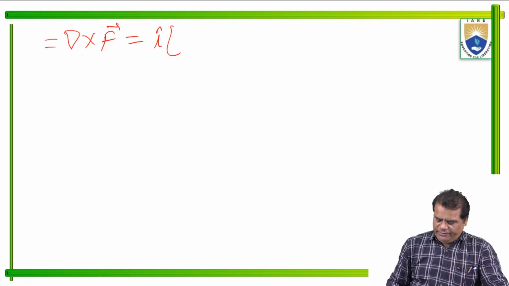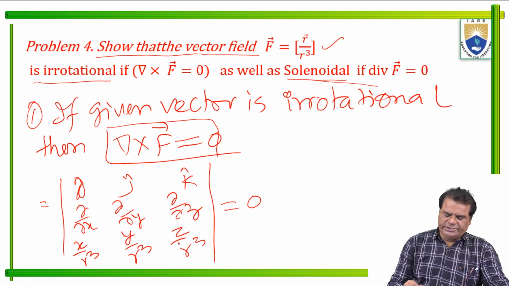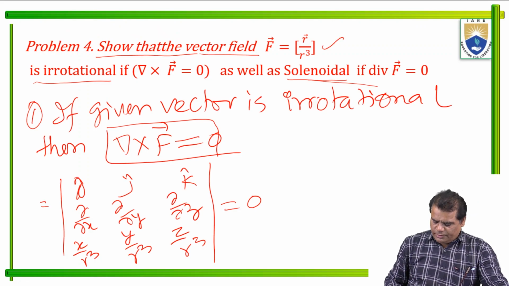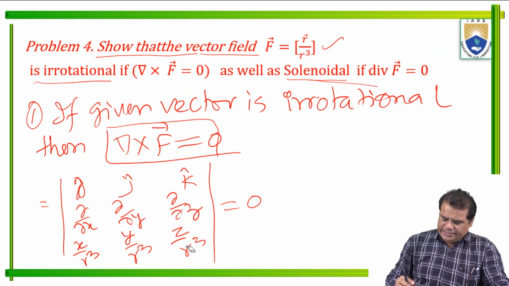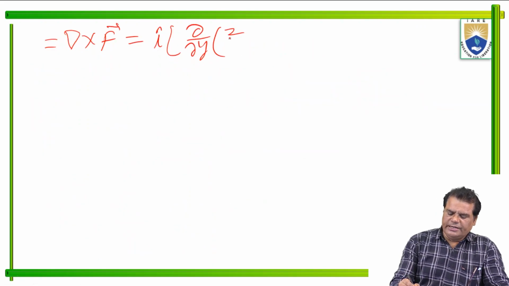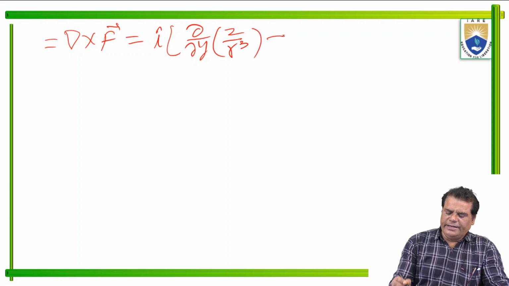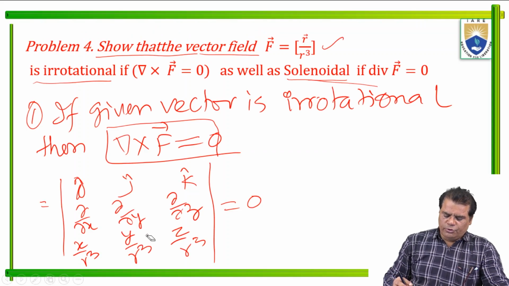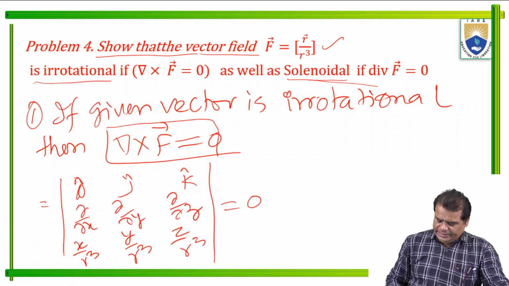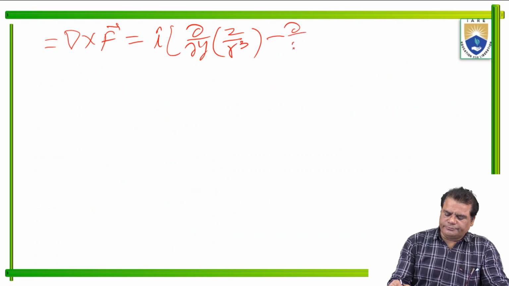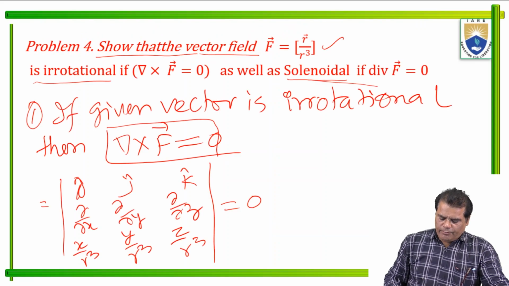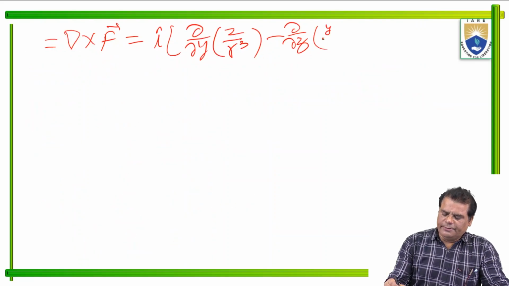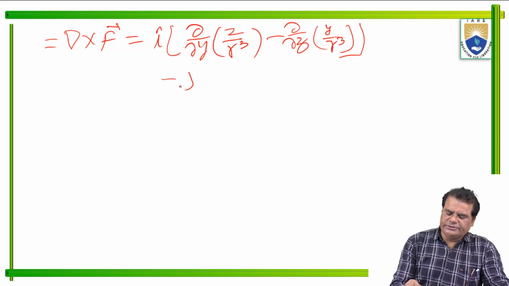Now the first row and first column are cancelled. Differentiation: dou over dou y of z upon r cube, minus dou over dou z of y upon r cube, and then minus j cap.